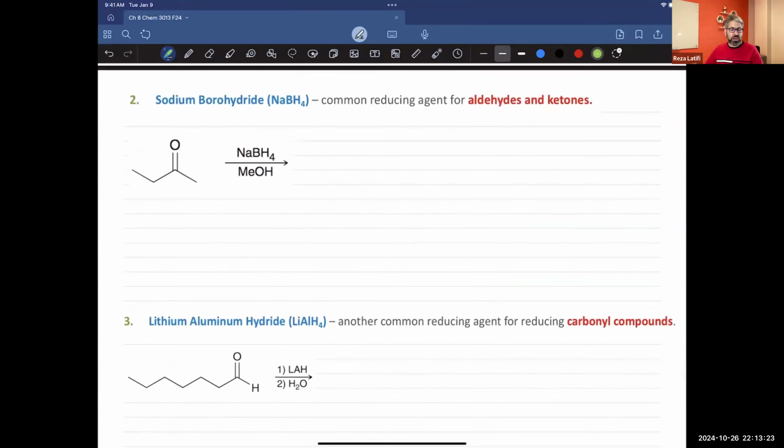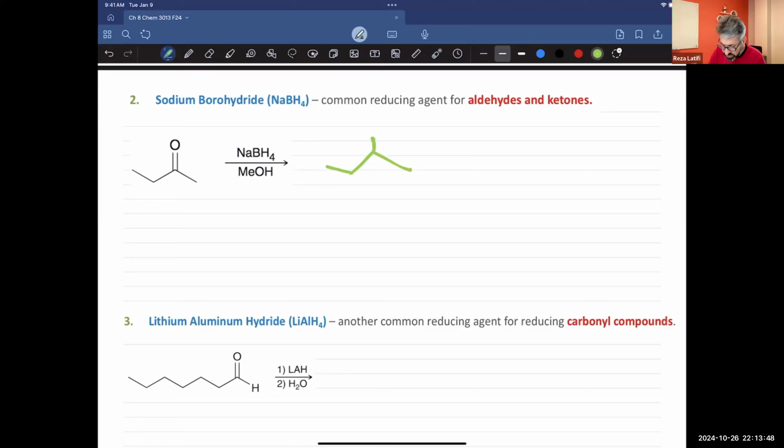Now, we do have other reagents that can actually reduce carbonyl groups, whether they are aldehyde or ketone, they can easily reduce them. One of them is sodium borohydride in the presence of methanol, or technically any solvent that has acidic H. And this one is going to give us such a product.